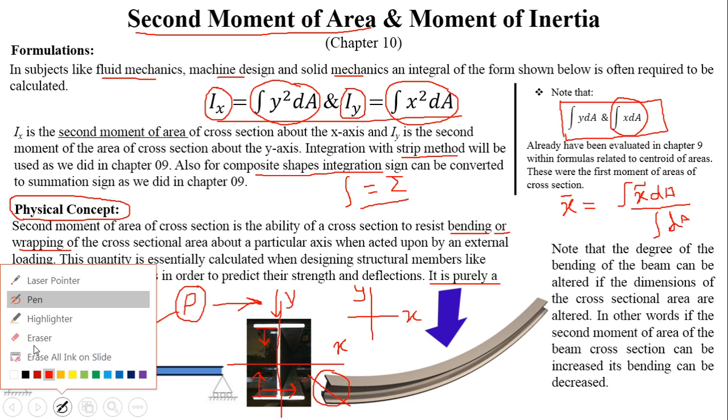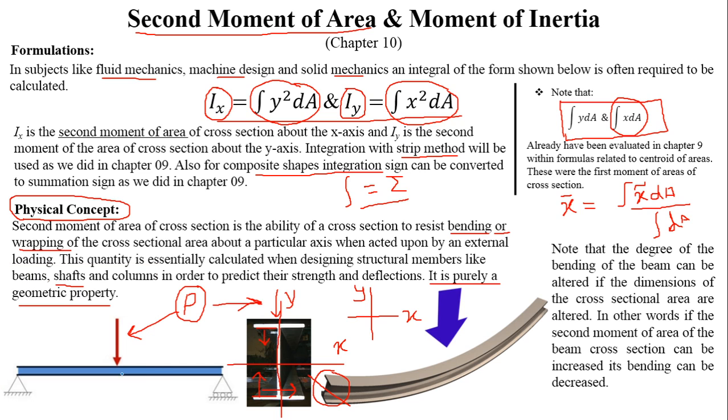But suppose a load is acting like this on the beam or structural element under investigation. This kind of load will have a tendency to warp this cross section about the y axis.